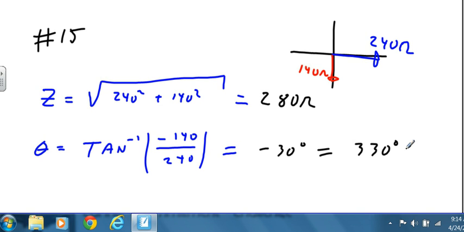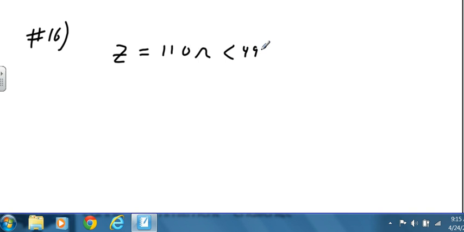All right, number 16 is next as we continue our circuit analysis. The series circuit has a resistor and a capacitor, the impedance is 110, and the angle is 49 degrees.